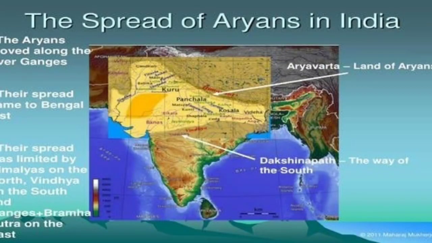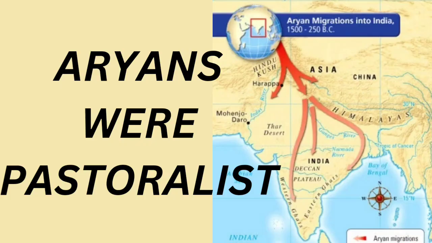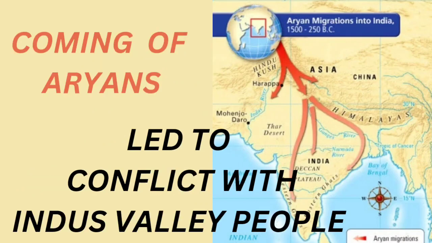So they were coming to this region, who were basically pastoralists and the way of living was completely different from what the Indus Valley Civilization people had. So that led to a conflict between the people of the Indus Valley Civilization and the Aryans, which ultimately led to the end of the civilization.